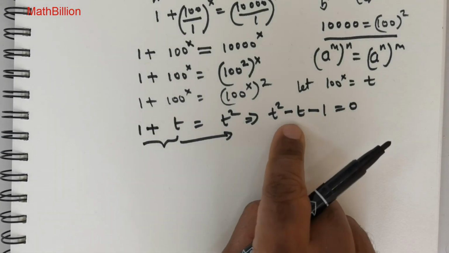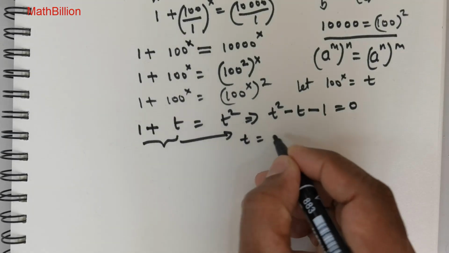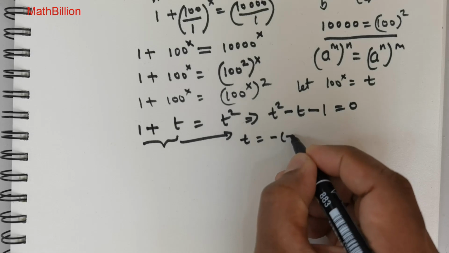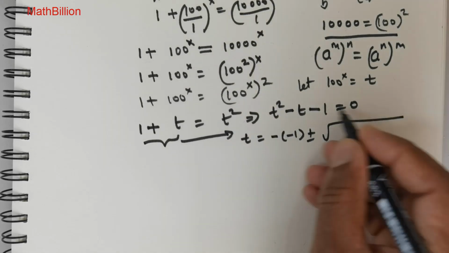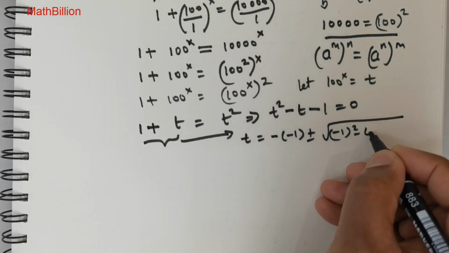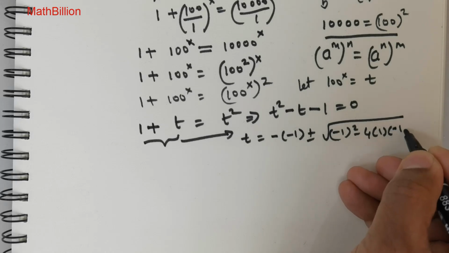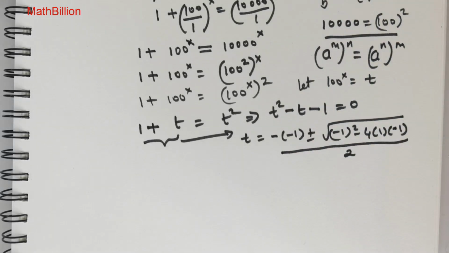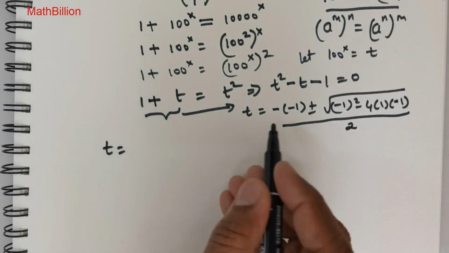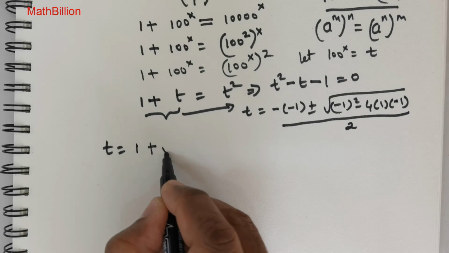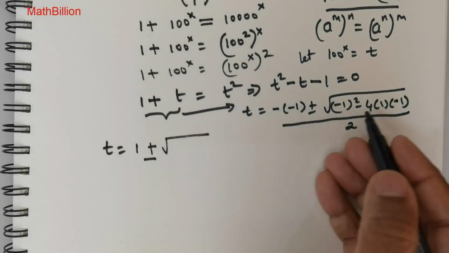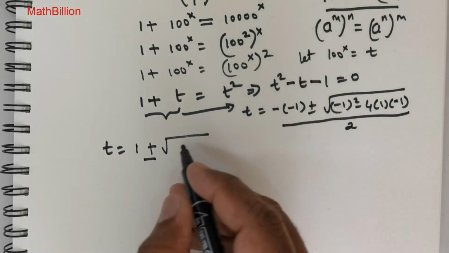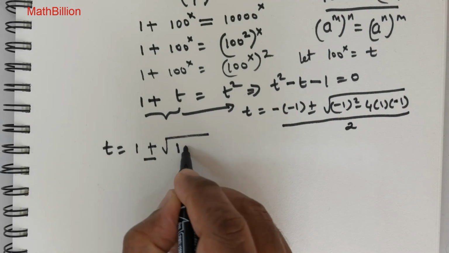Now utilize the quadratic formula. So this is going to be t = -(-1) plus or minus the root of (-1)^2 - 4 times 1 times -1, divided by 2. Right? So this can be rewritten as t = 1 plus or minus the root of (-1)^2, which would give me positive 1.